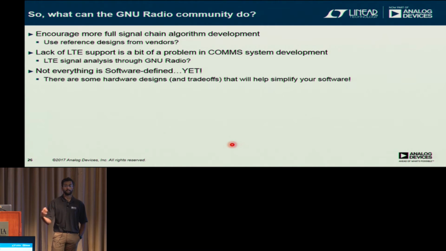There are times when you can do software fixes to a lot of things, but in the end, if you can fix something in hardware, make your system better overall by hardware trade-offs, use it, and then make your software a little bit simpler, less complex. So just a few things to think about, right?